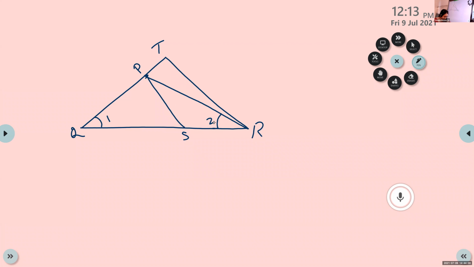We have to prove triangle PQS similar to triangle TQR.